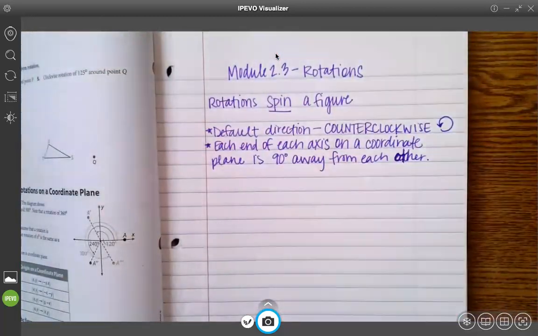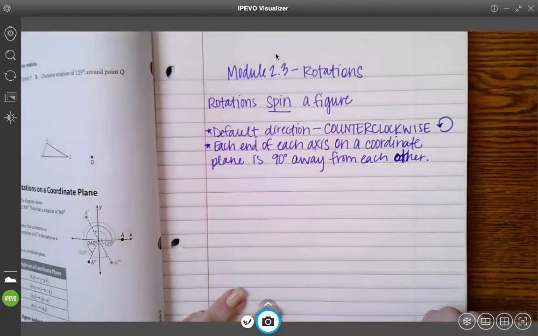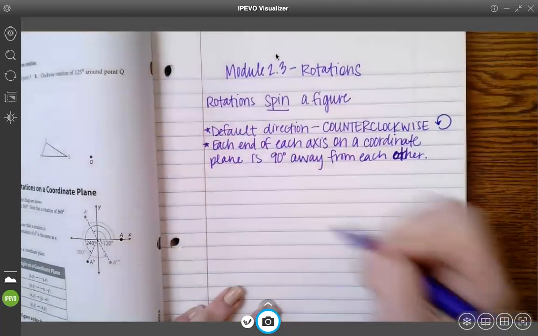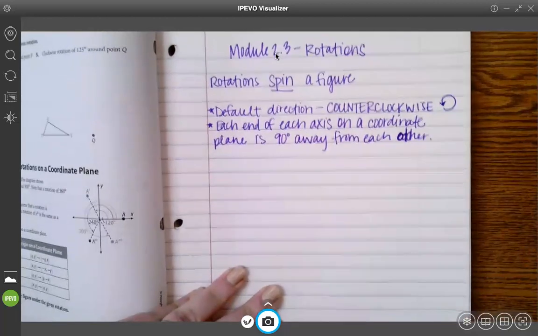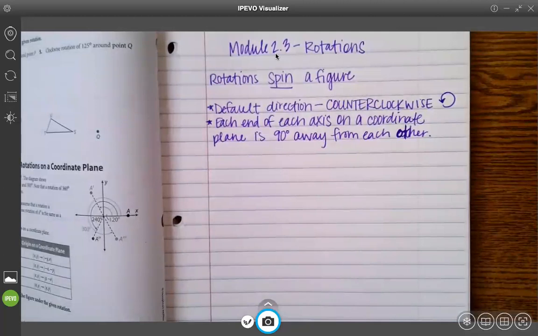Now, typically speaking, you're only going to have about 3 to 4 different degrees of rotation. And the way that we remember this is every time I do a rotation, I write down all of the rules because I have this little memory thing that I've used to help me learn what all of them are.